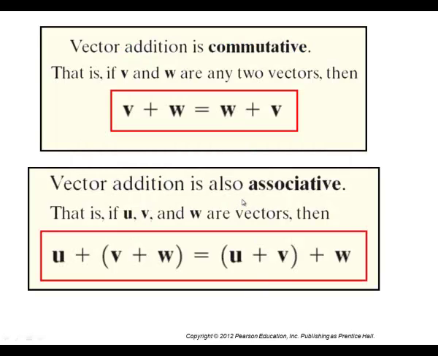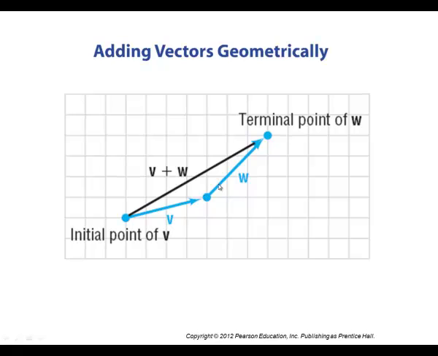When we're adding vectors, addition is commutative. It follows the commutative property, where vector v plus w produces the same result as w plus v. In other words, if we started with vector w down here and then did v, you get the same resultant vector as if we did v first and then w.